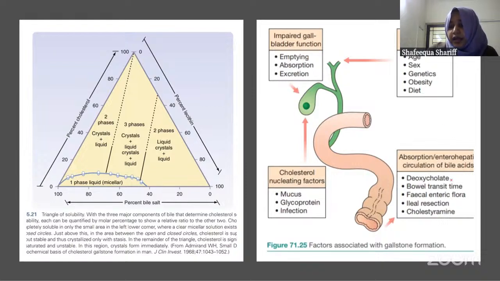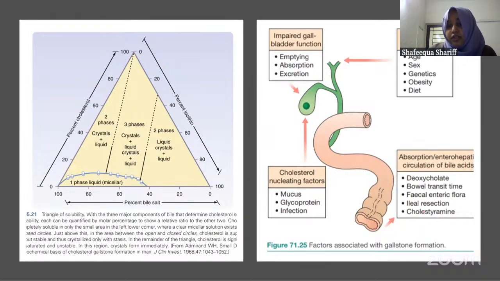The other main heading under which gallstones form is absorption, or a difference in the absorption of the enterohepatic circulation of the bile acid. Anywhere there's a block, it causes a negative effect. Especially when the patient has an ileal resection, there is no absorption and no complete passage of the bile.